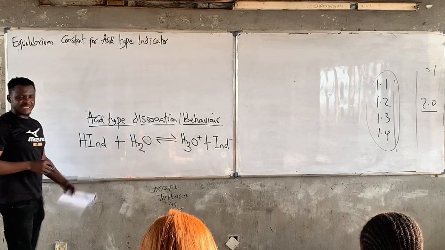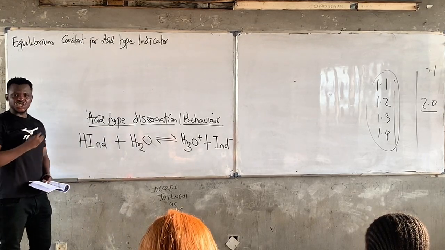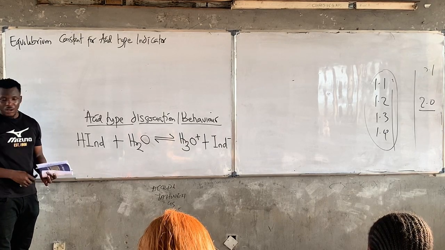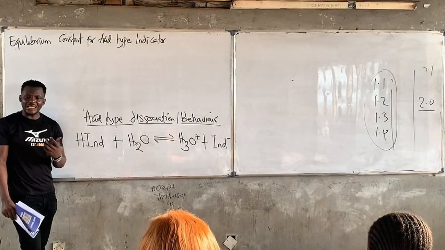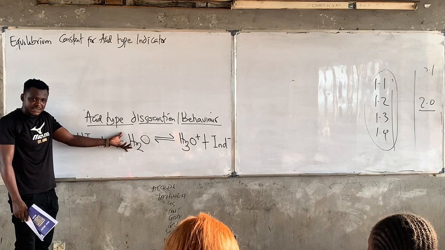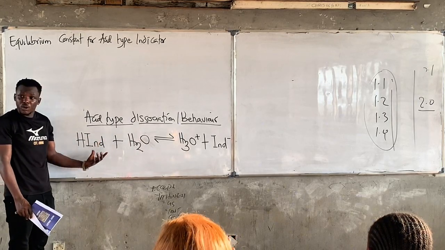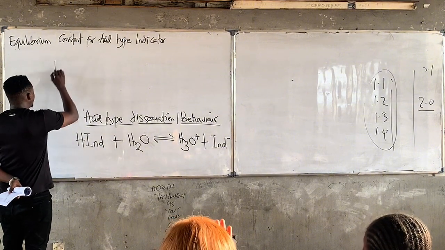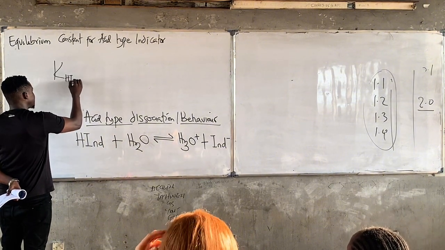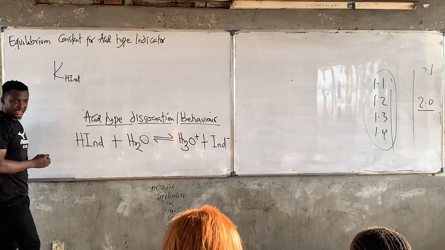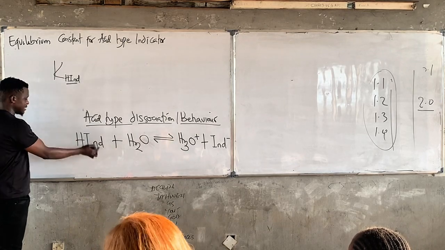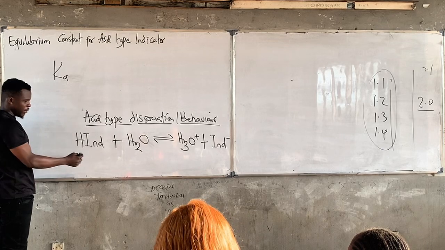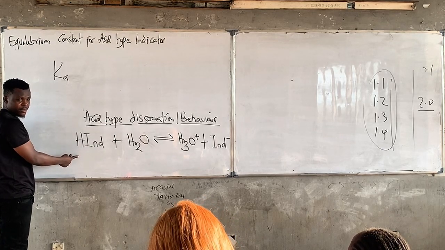Just like a weak acid, if a weak acid dissociates, you can get your acid dissociation constant. So since this indicator is considered an acid type, if it dissociates, there is also a possibility of having an equilibrium constant. So the equilibrium constant will be K, you can decide to put K indicator, because it's an indicator, or you can put K acid, because it is an acid type.